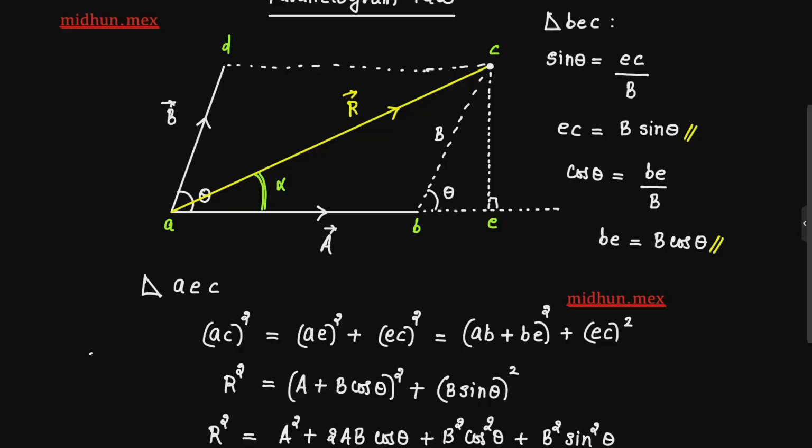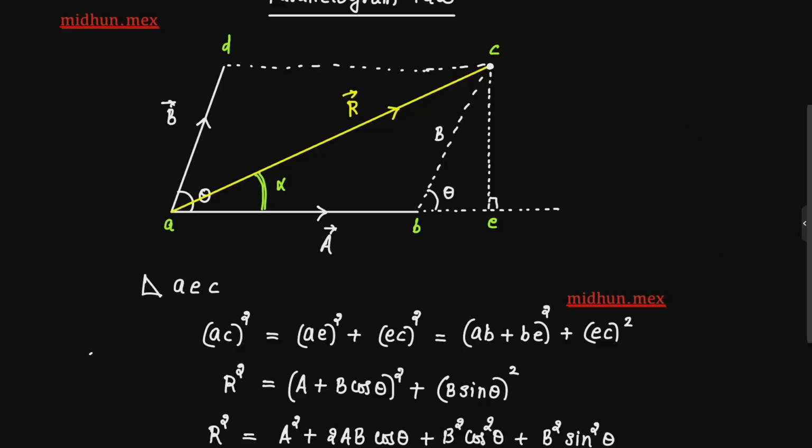Suppose you are taking tan alpha, I will wipe off this region and we will take tan alpha. So tan alpha, opposite side, I am talking about this big triangle. So the opposite side is simply EC.